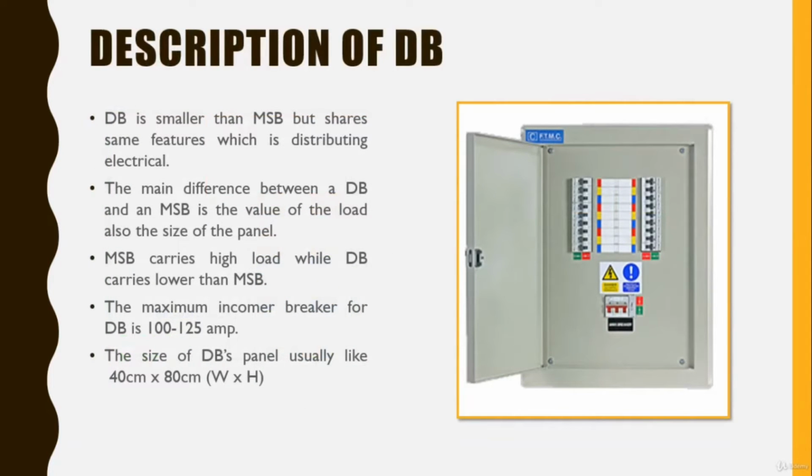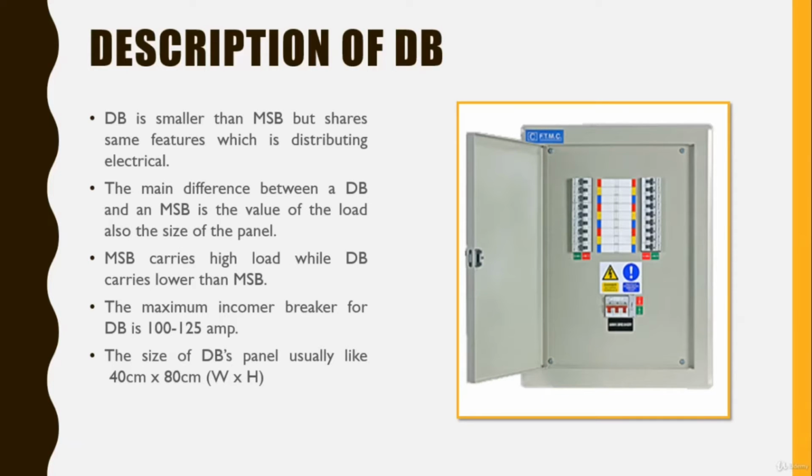DB is smaller than MSB, but shares the same features, which is distributing electricity. However, the main difference between DB and MSB is the value of the load and the size of the panel, so MSB is designed for high loads, while DB is designed for lower loads than MSB.